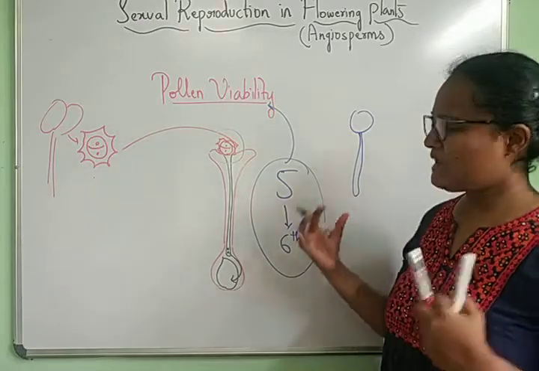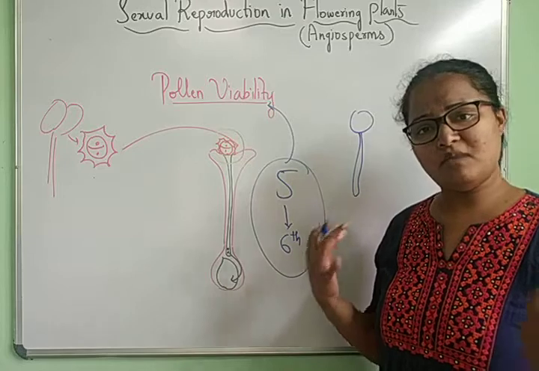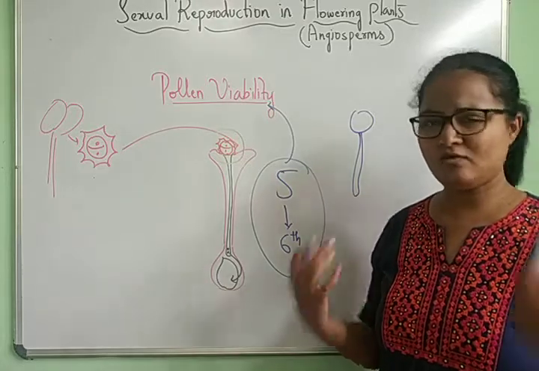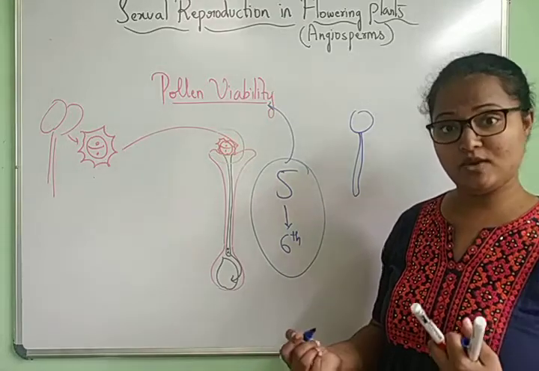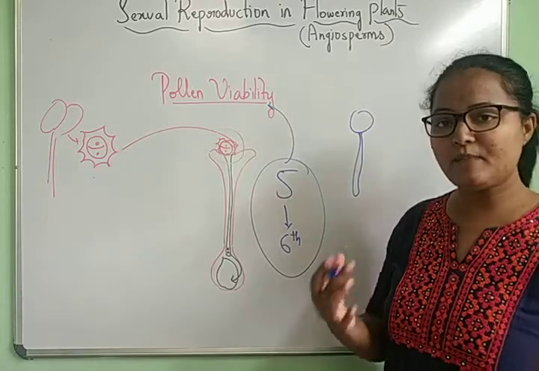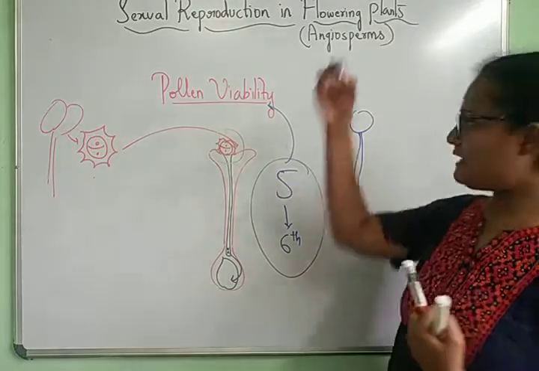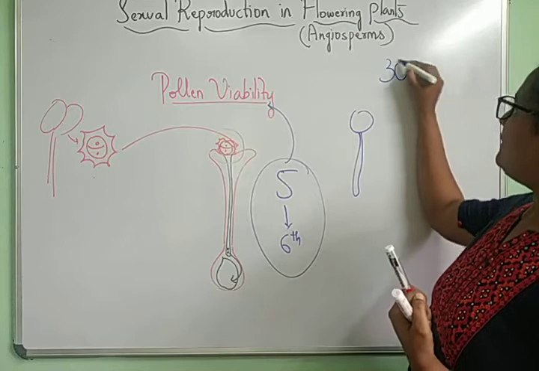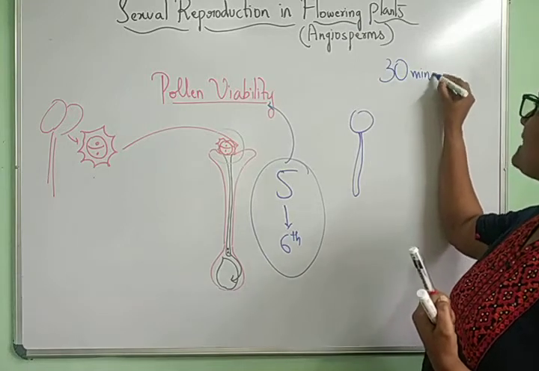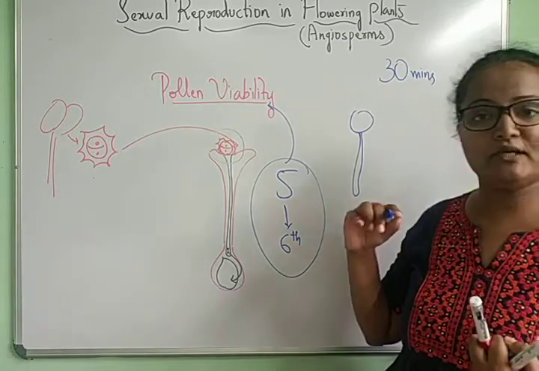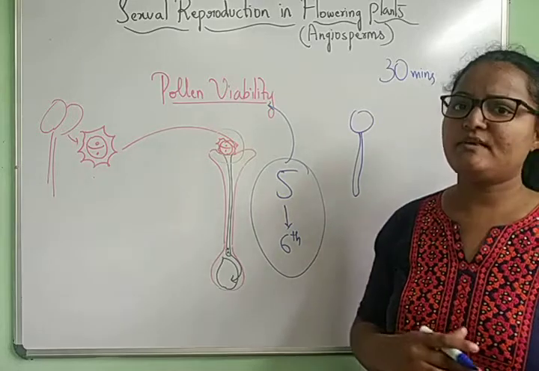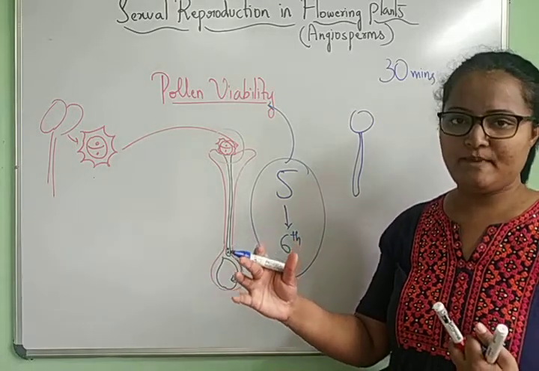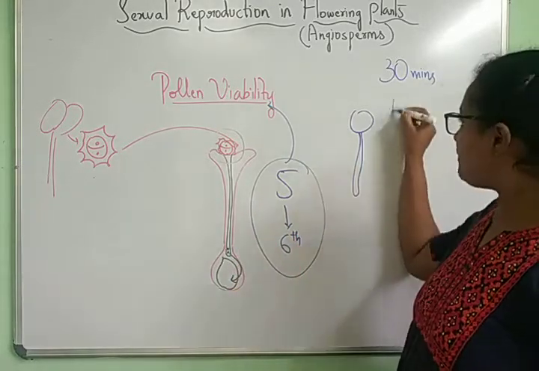Understood? It may sometimes be months, sometimes hours, sometimes years. In cereals like wheat and barley, pollen grains have a viability period of 30 minutes. Some Leguminosae family plants have a viability period of 1 month.